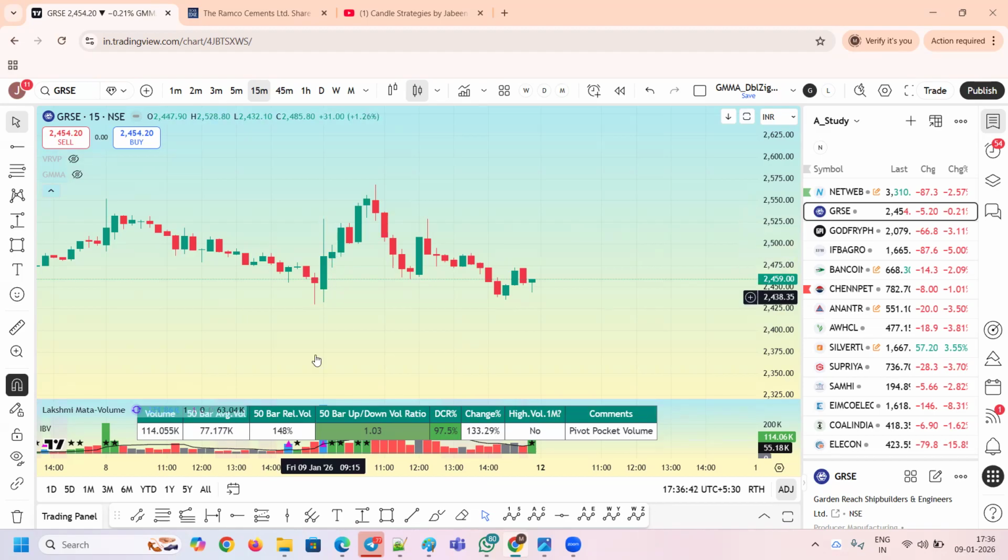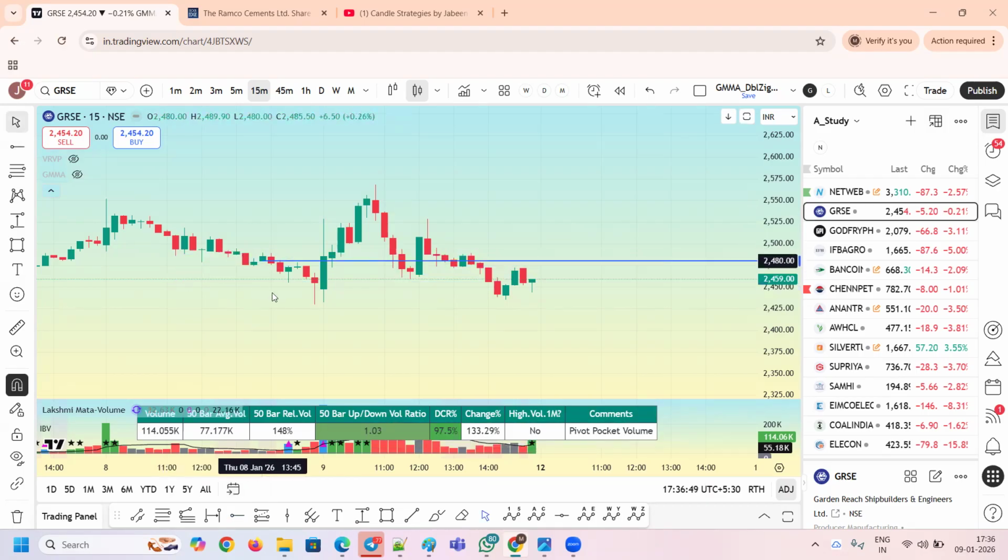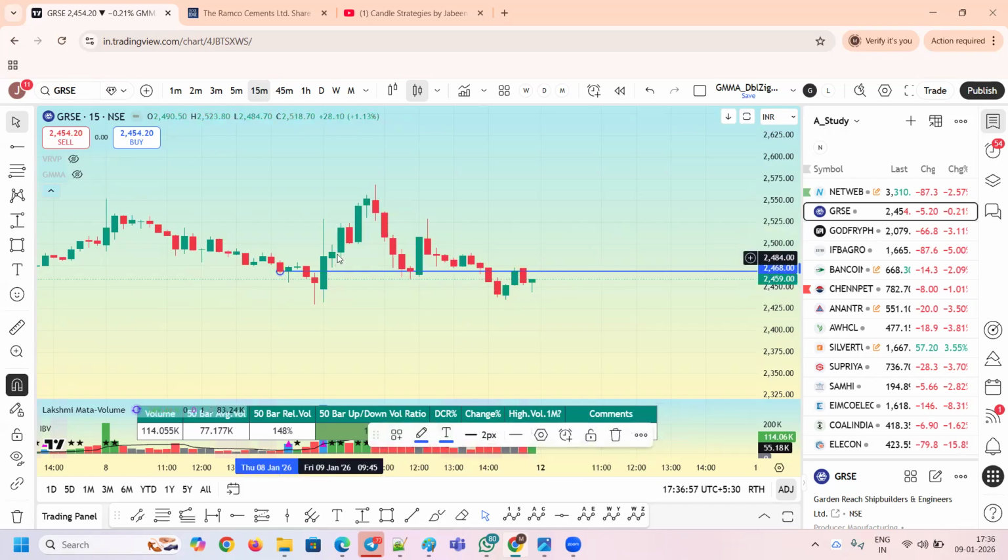So most of the time what you can do is think that if it is coming below this candle and forming a red candle, I will exit. Otherwise, I will continue. You can enter here and do this. Even this green candle and red candle are smaller than this, so you can continue.